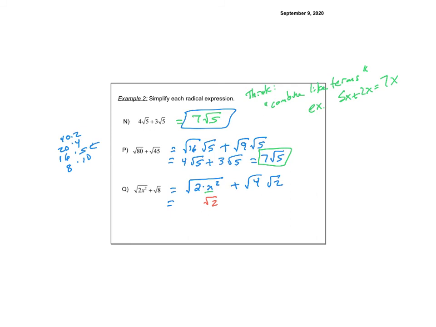The square root of x squared is x, remember, because x times x is x squared. And then plus, the square root of 4 is 2, and I'm left with the square root of 2. So those two are like terms. We have the square root of 2 in both in common. So what we can do here is pull out the GCF of the square root of 2, and then what's left on the outside is x plus 2.